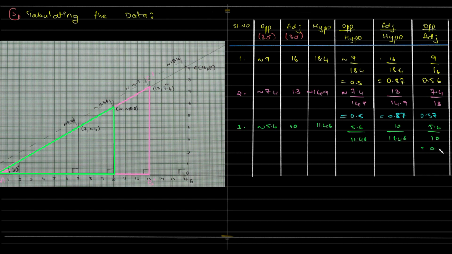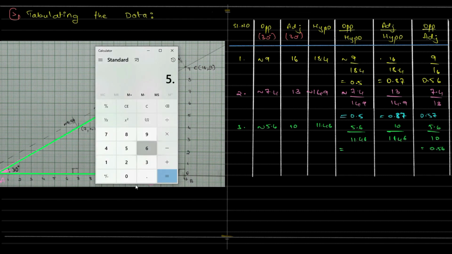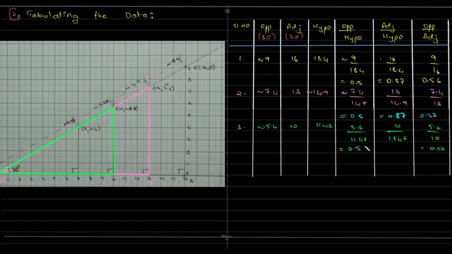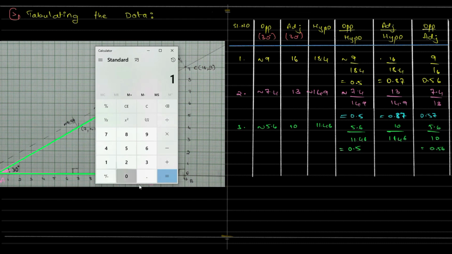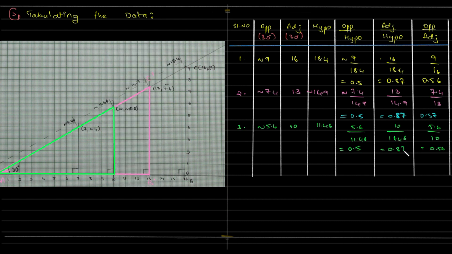So clearly 5.6 divided by 10 is 0.56, not an issue. While 5.6 divided by 11.46 is 0.5. 10 divided by 11.46 is 0.87.